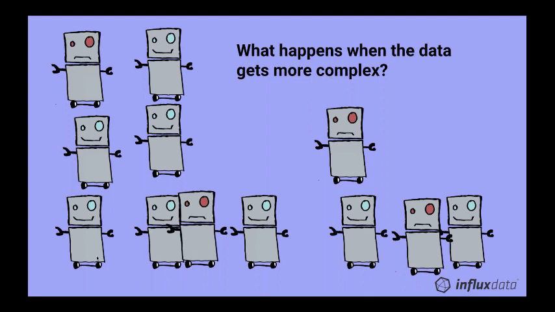We increase the number of unique combinations in the database, which automatically means the database has to do more work. And one of the things that time series data and time series databases are really good at is really high numbers of unique combinations.